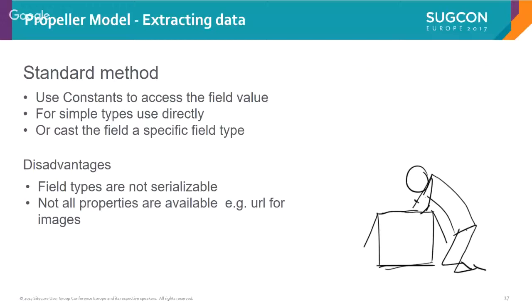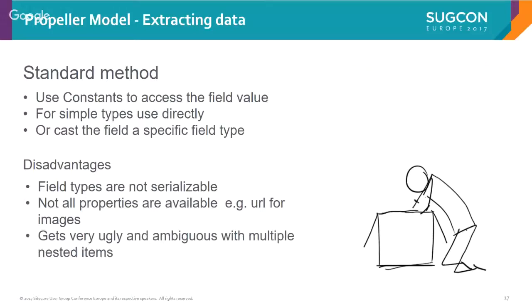Sometimes we need this specific property, which is just not available. And if we have a multi-layer nested object graph, it can get really nasty because you're digging further into the object tree, and you're just continuously getting the same item type back every time.